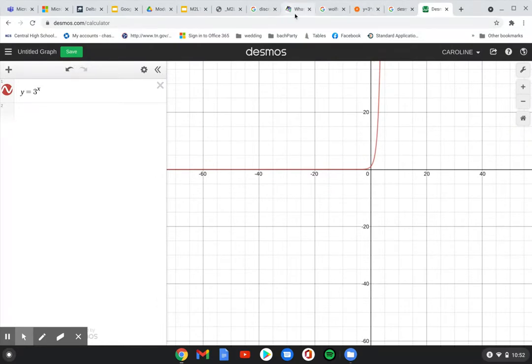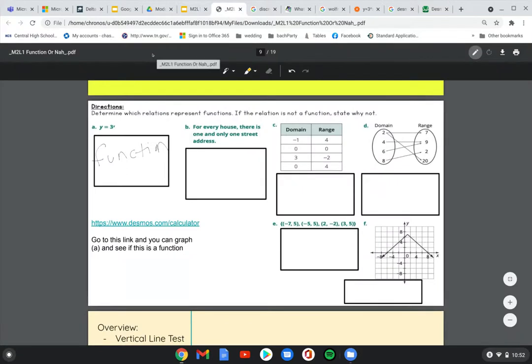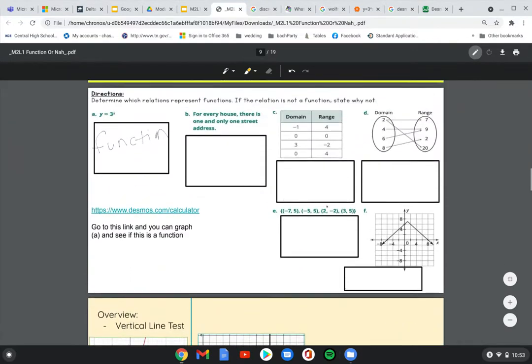This is a function because for every x value, there's only one y value. For every house, there's one and only one street address. So you can try to think from there. Desmos calculator right there. You can graph it.